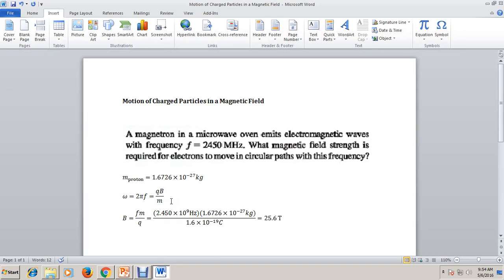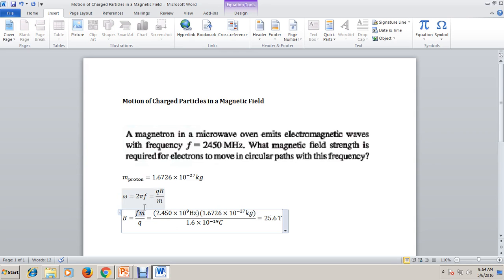Okay, so having that, we will now have 2 pi f is equal to q times B over m. Solving for B, B would be equal to 2 pi f times m over q.